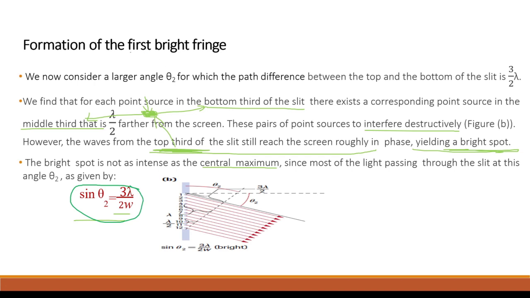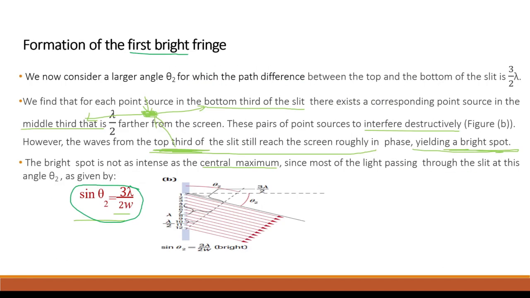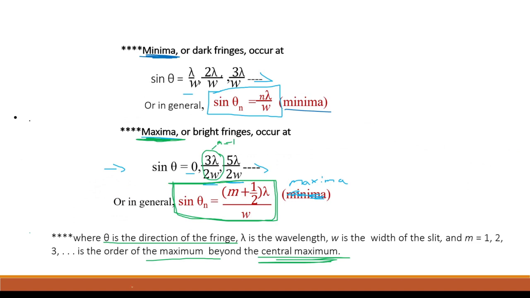It's the first bright fringe away from the central maxima, not the central maximum. So that's what we mean by the first order of maximum beyond the central max.